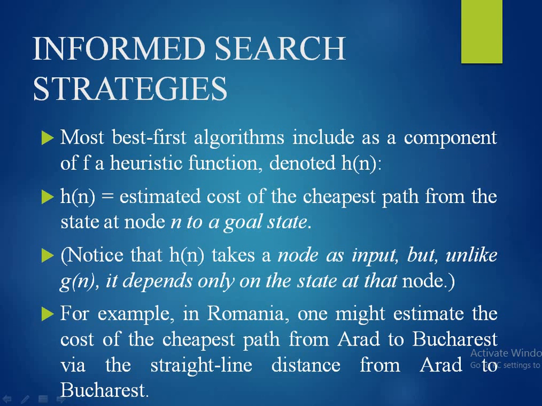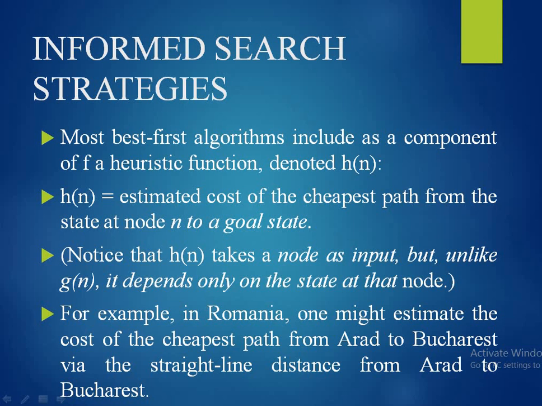Most best first algorithms include as a component of f a heuristic function, which is denoted as h(n). So what is h(n)? It is nothing but the estimated cost of the cheapest path from the state at node n to a goal state.